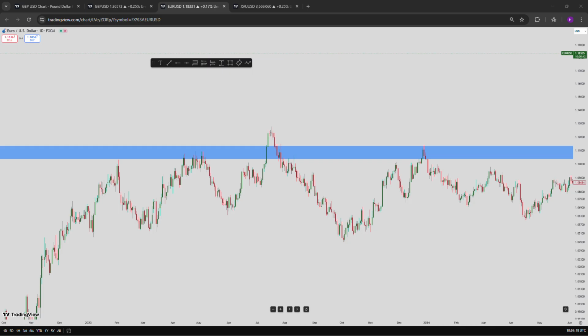Look at the example here. We have the first touch, the second touch, then the neckline. The minute price goes below the neckline is the point at which you want to start selling. Inversely, we have the double bottom.